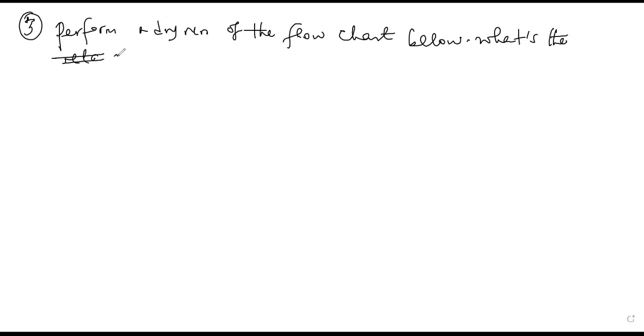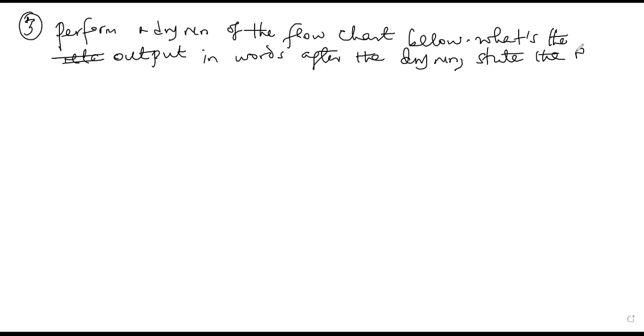Okay, what is the output? In words, after the dry run, state the relationship between N and T.